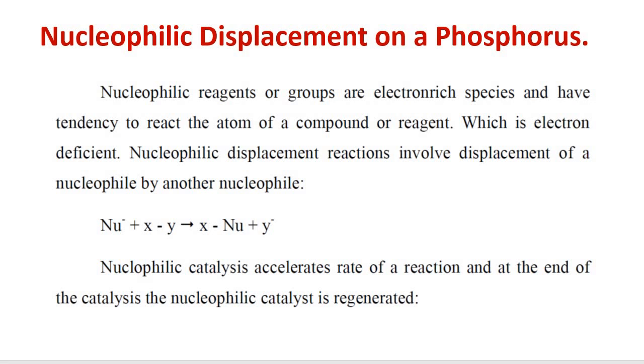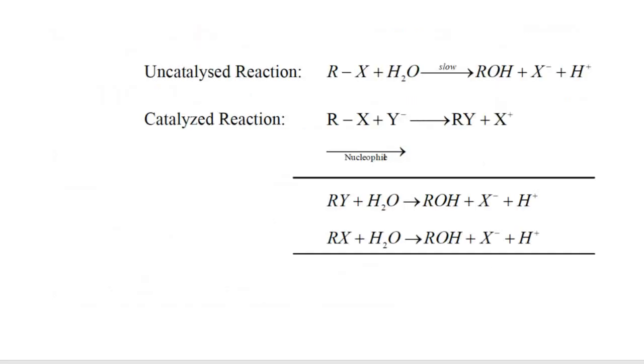So this topic I think is clear to you. What is the meaning of nucleophile, what is the meaning of nucleophilic displacement, and these things happen on phosphorus. Now, uncatalyzed reaction and catalyzed reactions. What is the difference between them?